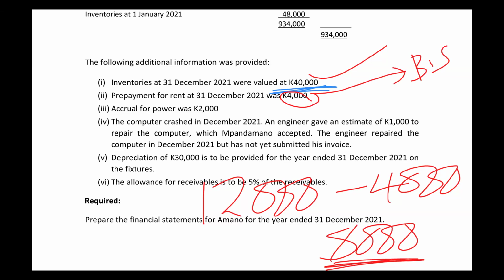Remember, under current assets, you put prepayments, isn't it? It will go under current assets as a prepayment in the balance sheet as well. You got it?